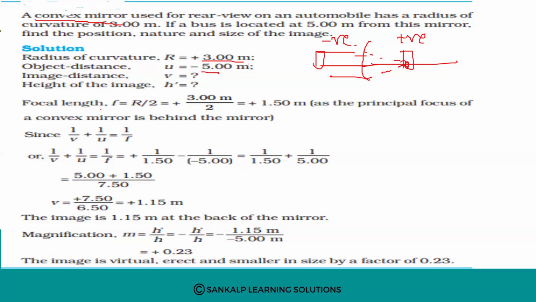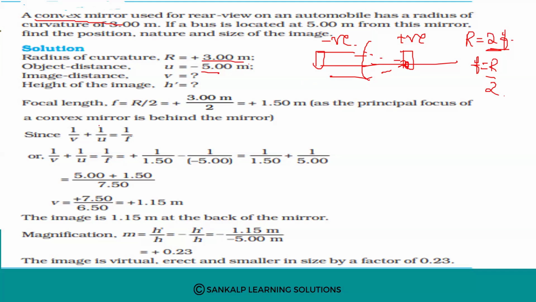So focal length F: here radius R they have given, and focal length can be determined as R is equal to 2F. So F is equal to R divided by 2. R value is 3 divided by 2, that is 1.50 meter, as the principal focus of the convex mirror is behind the mirror.